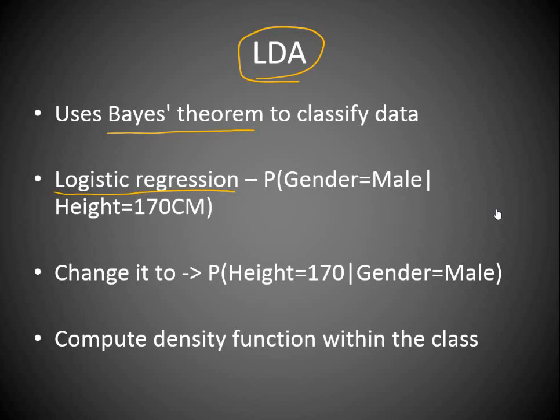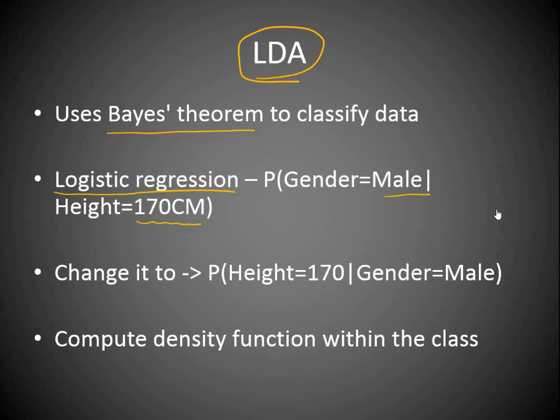In logistic regression, we compute the probability that a particular observation belongs to a specific class by this. So here is an example. We want to find out what is the probability that a person's gender is male, given that his height is 170 centimeter.